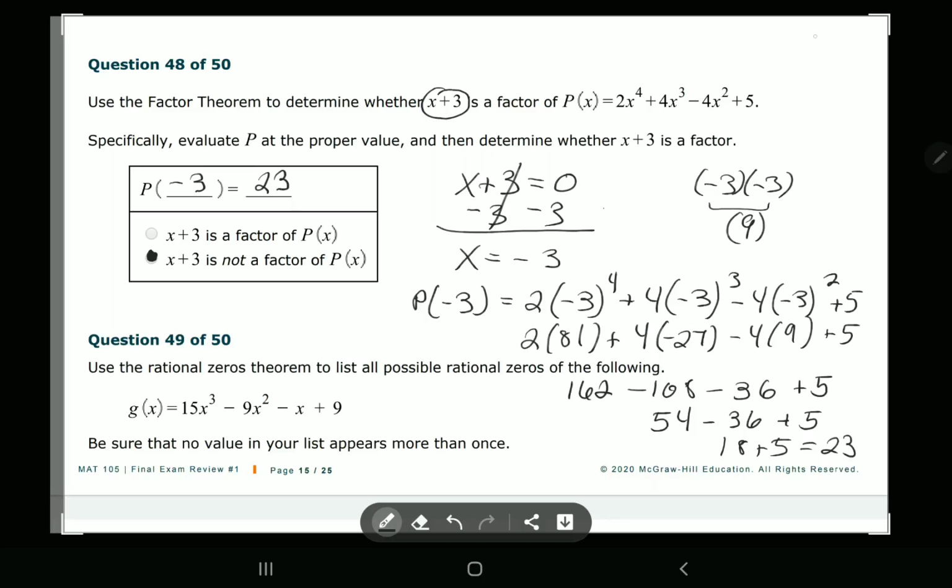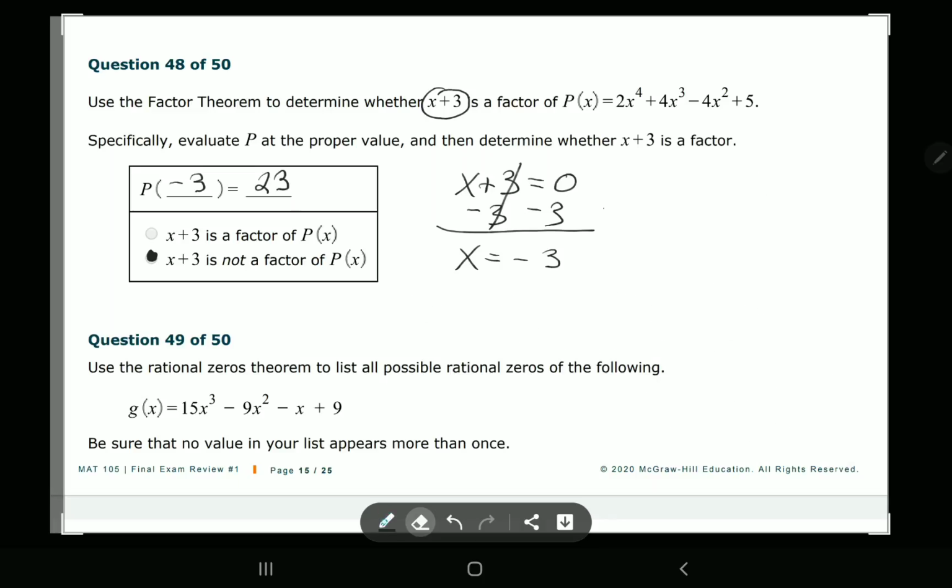Alright, I'm going to clear my screen. So when you do it the long division way, step number 1 is still the same. Find the 0 of your divisor. So take x plus 3, set it equal to 0, solve for x. Now let's draw the long division symbol. Negative 3 goes on the outside. That's the 0 of my divisor. You're going to take the coefficients of your dividend, or in this case your function.